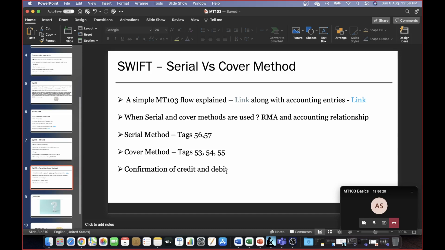That's called confirmation of credit. These 910s and 900s are not usually sent to individual customers like you and me, but are sent to corporates. They have their IT infrastructure to manage and receive acknowledgement from banks for these types of messages.